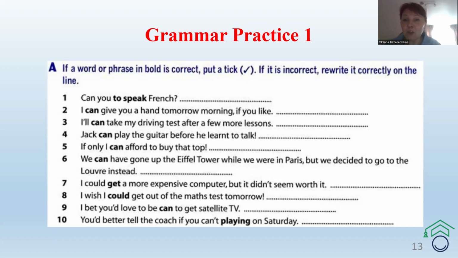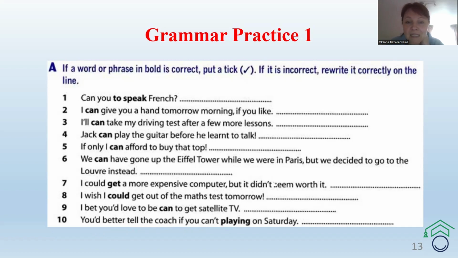To be able to get. Well done. Andrii, please, sentence 10. You'd better tell the coach if you can't play on Saturday, and he will have conditionals. If you can't play, only infinitive without to after modal verbs. You're right. Well done.